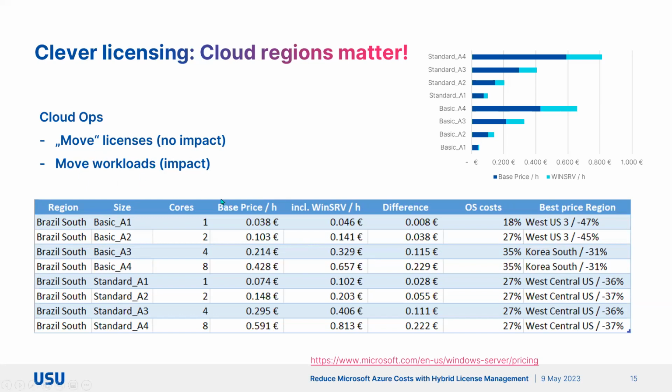I mean, the cloud infrastructure team might complain if you request to move a workload just for this reason. Of course, we have to stay practical. You can kind of move the license, which just means turning off hybrid benefit on one workload and turning it on for a different workload without any impact on operations. That's quite important, I think.